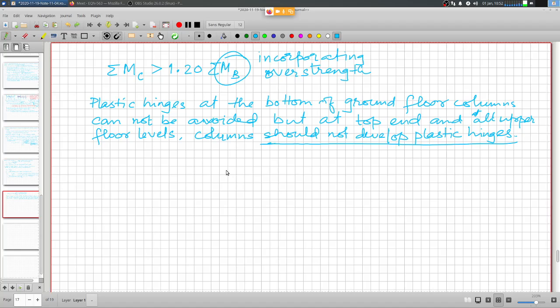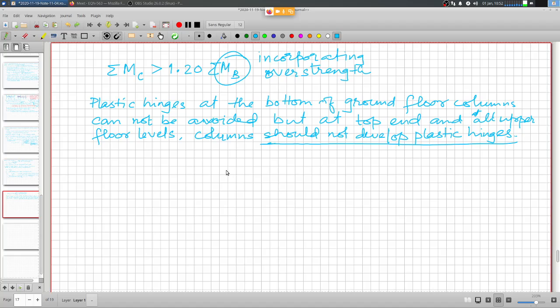If we are sure we can eliminate all possible sources, then it is indeed possible to relax the special confining reinforcement steel in the columns, because we will not be required to provide excessive curvature ductilities. If the columns are not developing inelastic moments, then large curvature ductilities will not be required, and it is possible to relax the spacing requirement.